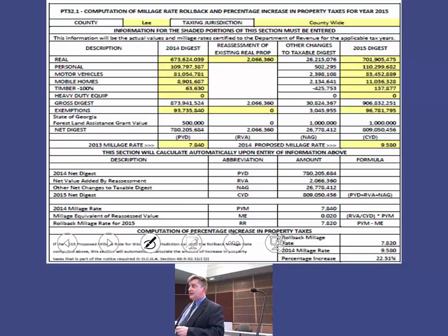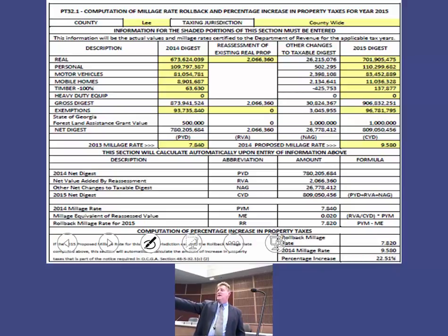Try to explain. So principally, we use this worksheet PT 32.1 to determine whether or not a tax increase has occurred. And what we do, we determine the prior year millage rate, and then we get from the County Board of Tax Assessors the reassessment of existing real property in your tax jurisdiction.